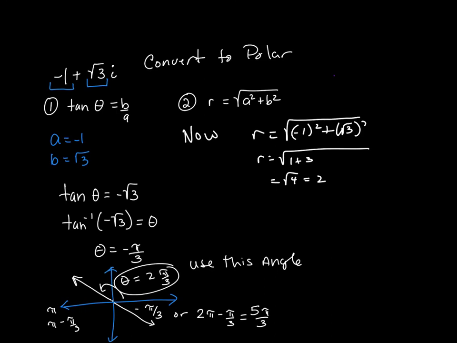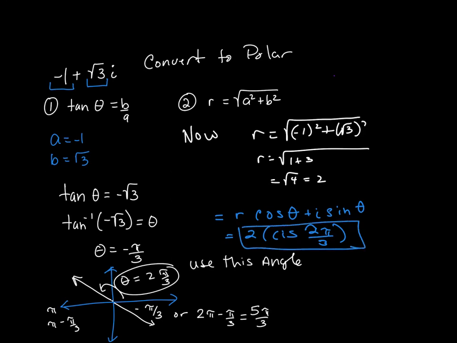So to go ahead and write this in polar form, we say that is r cosine theta plus i r sine of theta. So we put in the numbers we found and we get 2 cosine of 2 pi over 3 plus i sine of 2 pi over 3.